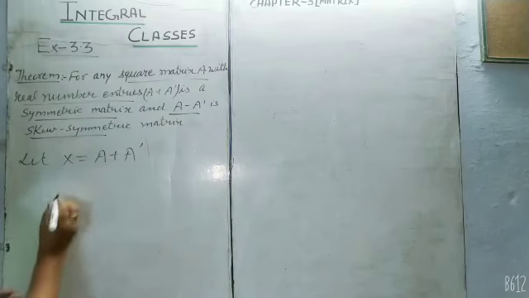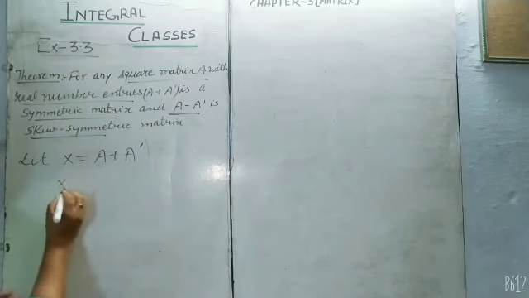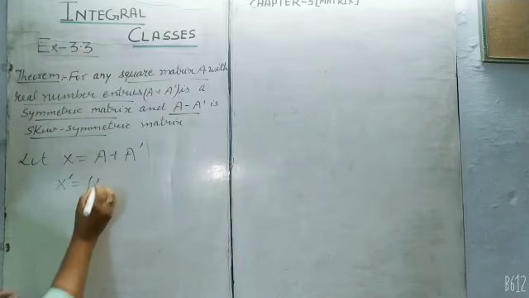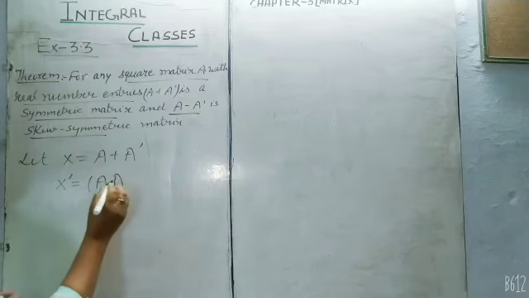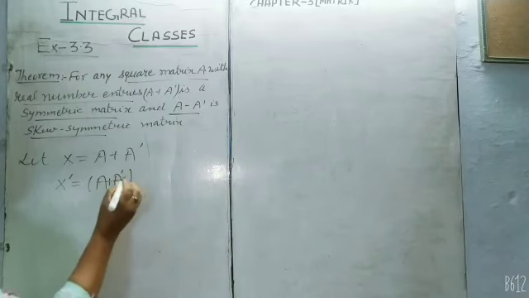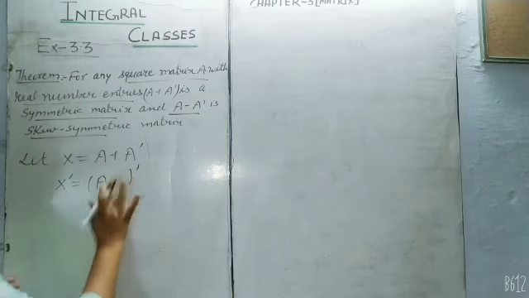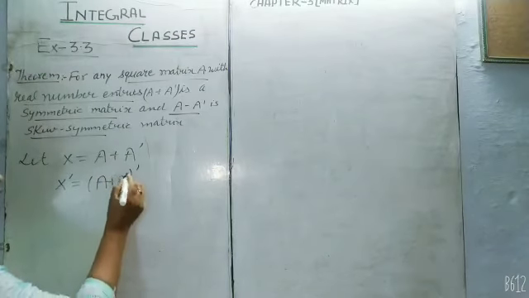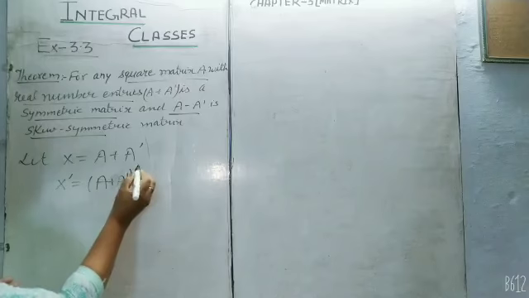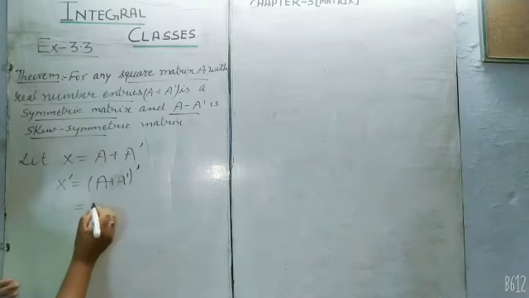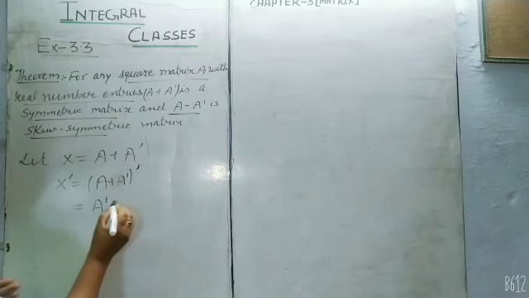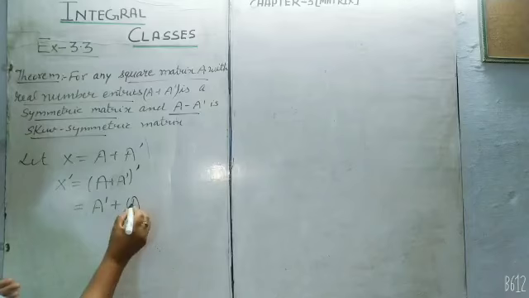Now we take the transpose of both sides, so X transpose equals (A plus A transpose) whole transpose. Now open this transpose, then it becomes A transpose plus A transpose transpose.